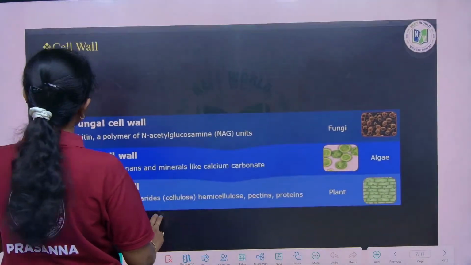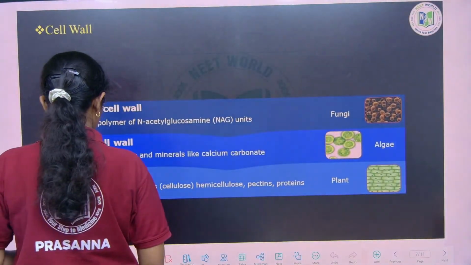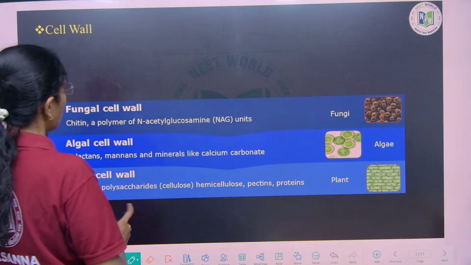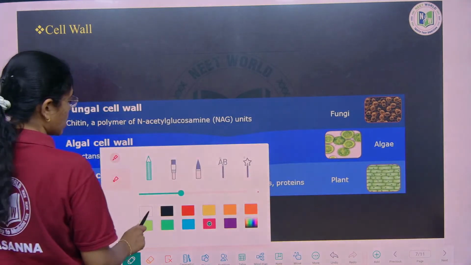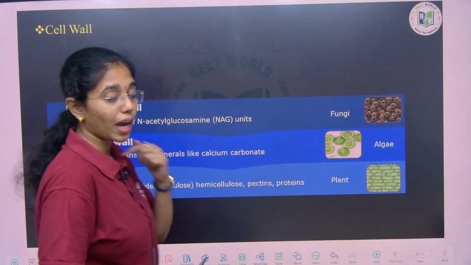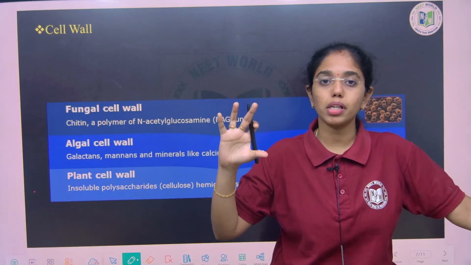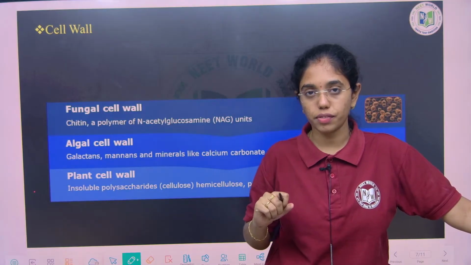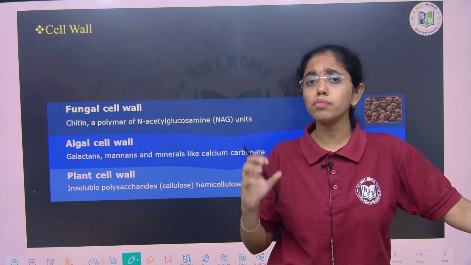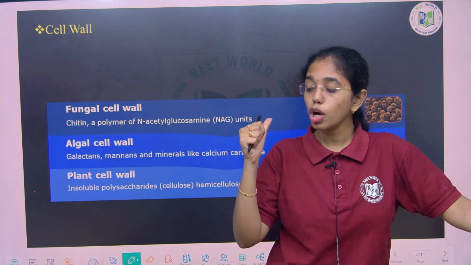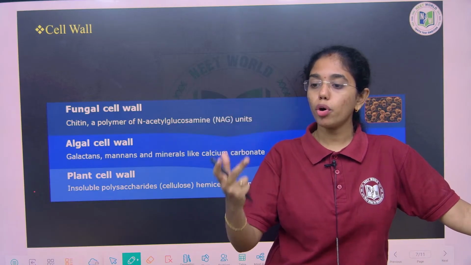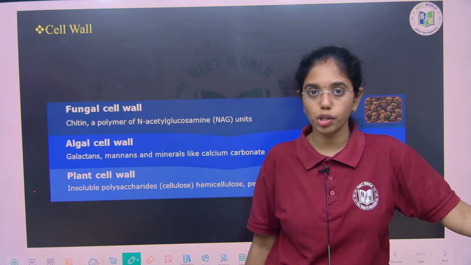Before looking into the cell wall, I have to introduce the two kingdom system of classification, because there is a chapter, biological classification, you will learn, wherein the first phase of the chapter is about kingdom systems of classification. In kingdom systems of classification you will come across 2 kingdom, 3 kingdom, 4, 5 and 6 kingdom systems of classification.